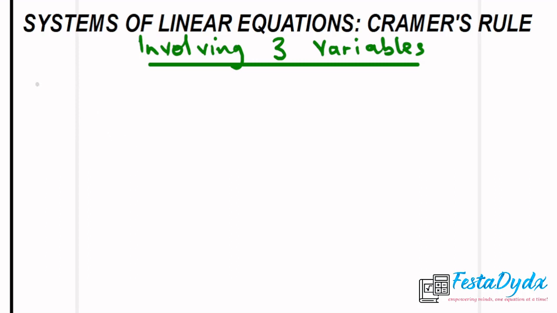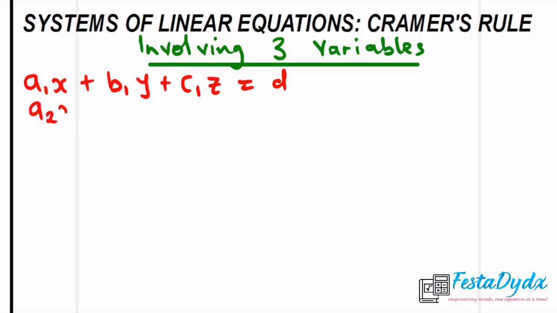So let's assume we'll have our values to be a1x plus b1y plus c1z all equal to d1. Then for equation 2, we'll have a2x plus b2y plus c2z all equal to d2.